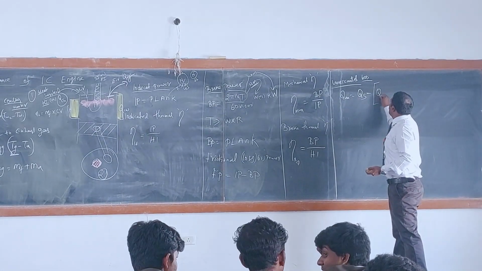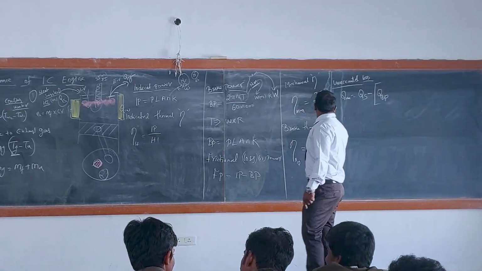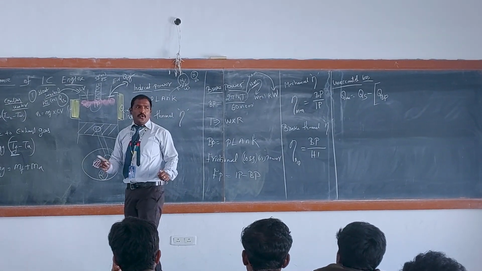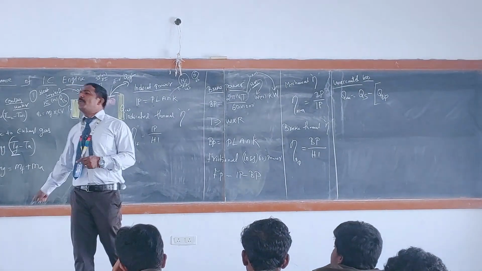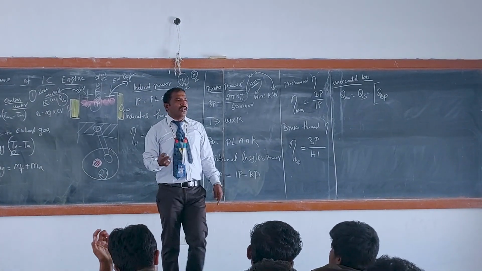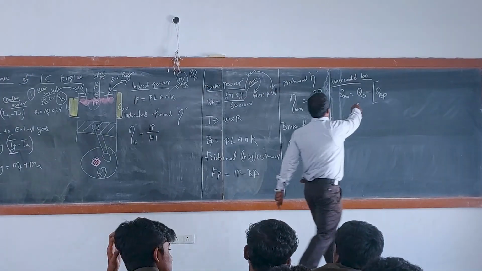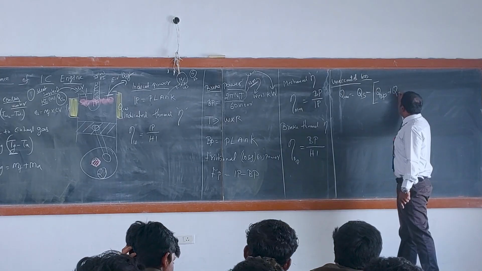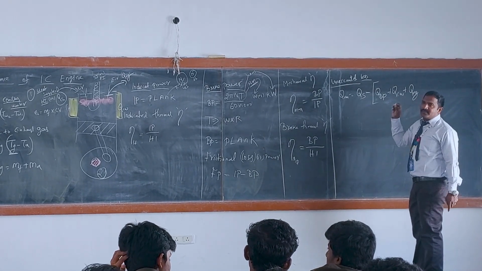Heat loss due to brake power. Brake power is not a heat loss. Brake power is not a loss, but we have to count it for the heat loss calculation. The useful power. Okay? Useful power. You take it as one of the losses to calculate the heat loss. So, heat loss is: number 1, brake power, plus number 2, heat loss due to cooling water, and 3, heat loss due to exhaust gas.